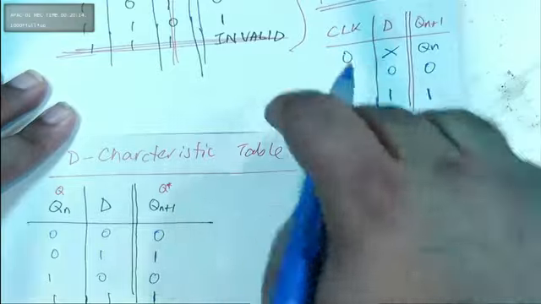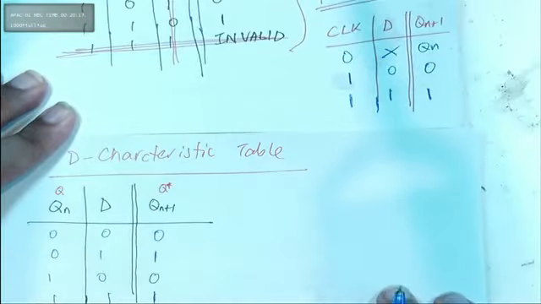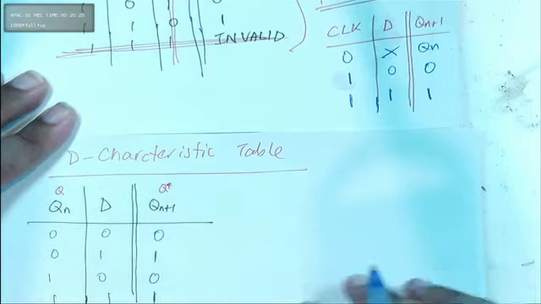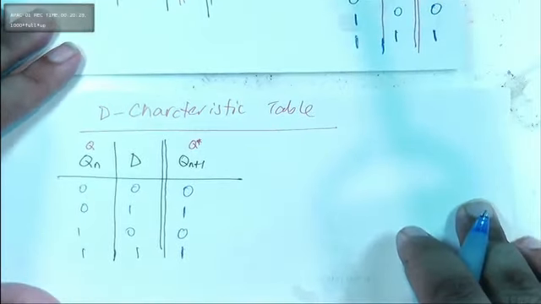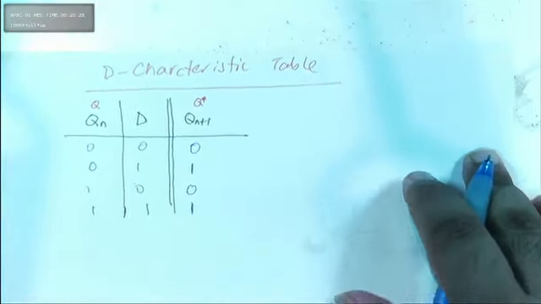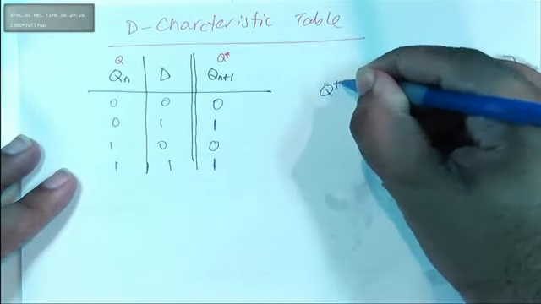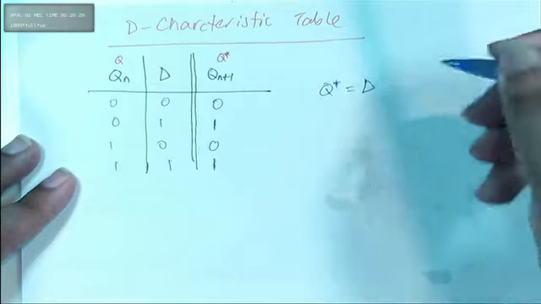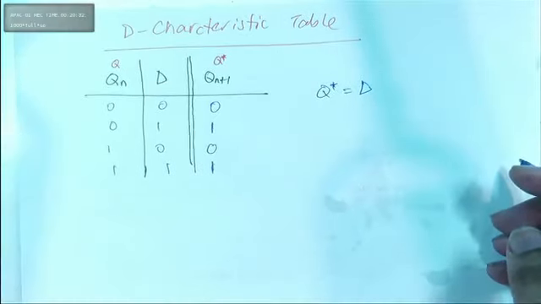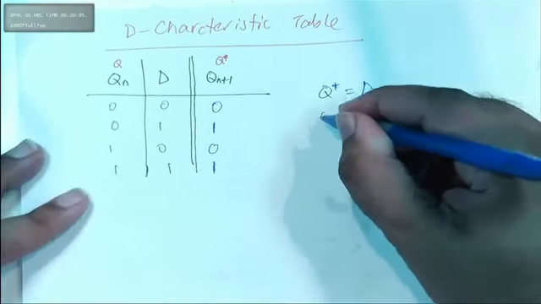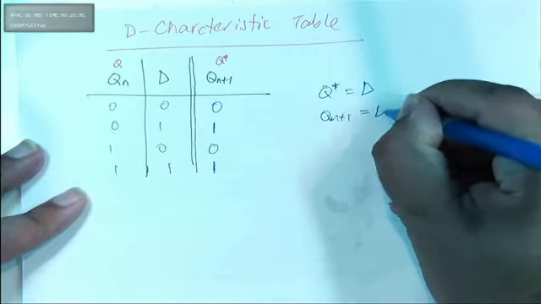We don't even look at the clock line. So, that's how we got our characteristic table. Right? Makes sense? Yeah, it's all the same thing, right? Okay. Now, so basically what can we say about this? What can you say about Q star? Q star is equal to D. Yeah? Q star or Qn plus 1 is equal to D.